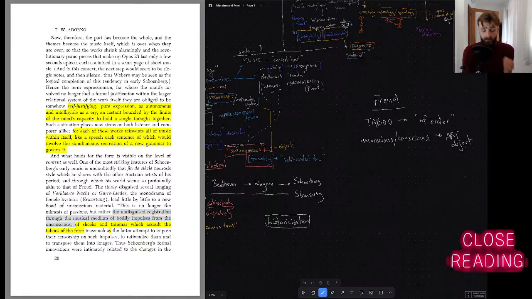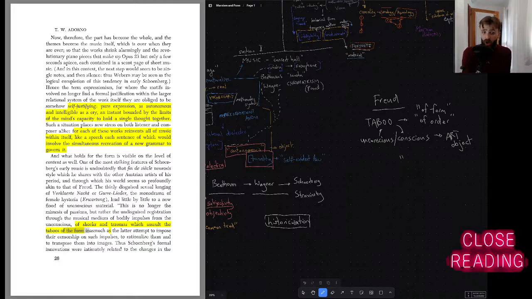So there is a relationship between the unconscious and taboos. The taboos of the form here are maybe slightly different from taboos of order, but there is a way in which the unconscious makes its presence felt in the conscious, and this has something to do with taboos, seems to be the suggestion.